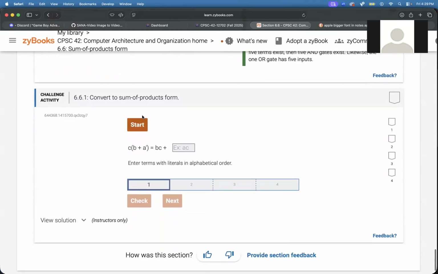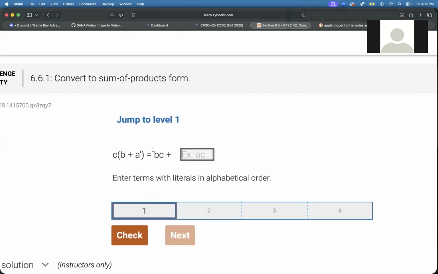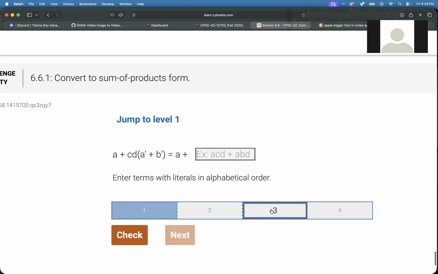Cool. So these are not so bad, right? These are just doing the same exercises that we just looked at. Like C times B is BC, C times not A is not AC, but they want it alphabetical order probably. Oh, it says it right there. So C not A is not AC. Let's skip to the third one.